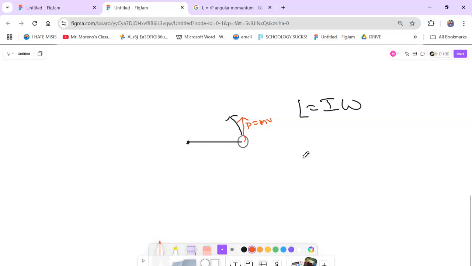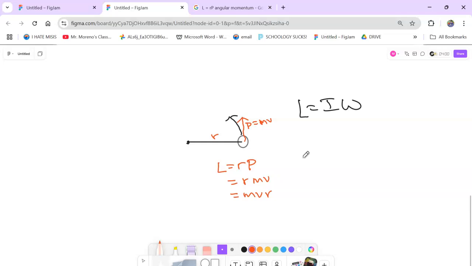And if I wanted to find the angular momentum at this edge of an object that is spinning in a circle, and I know the velocity that it is traveling, I could take the radius here and multiply it times that, and that will give me the angular momentum. So that's going to be r p, which is r times mv.